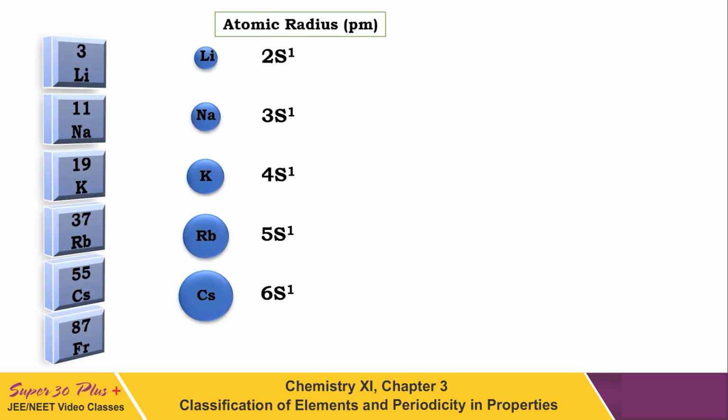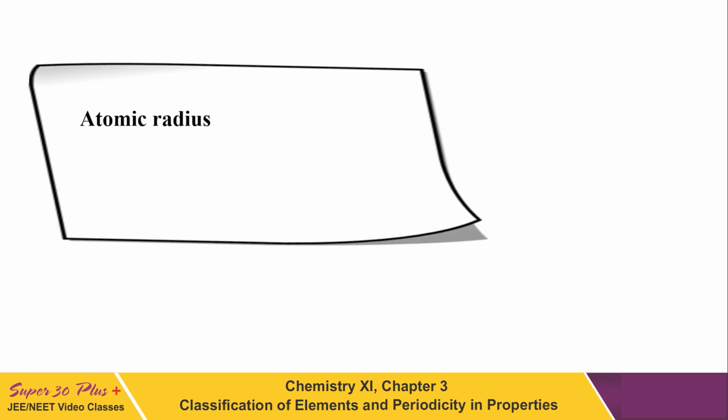In the family 1A, alkali metals, when we go down the group, you see there is a constant increase in size. Atomic radius increases constantly. So finally we can say that atomic radius is inversely proportional to nuclear charge.